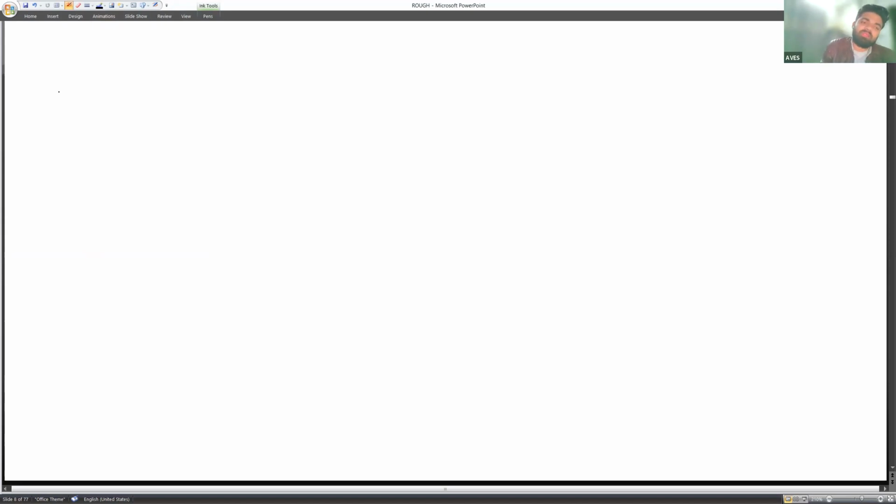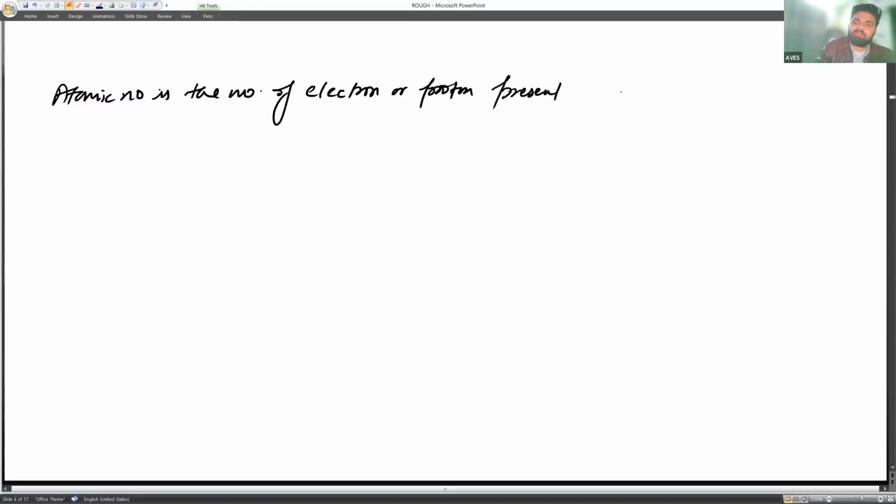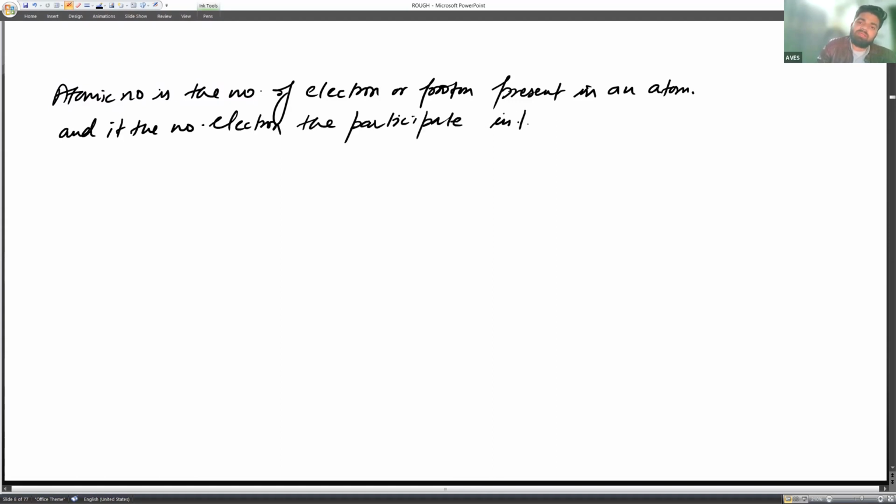So note it down. Atomic number is the number of electrons or protons present in an atom, and it is the number of electrons that participate in chemical reactions.